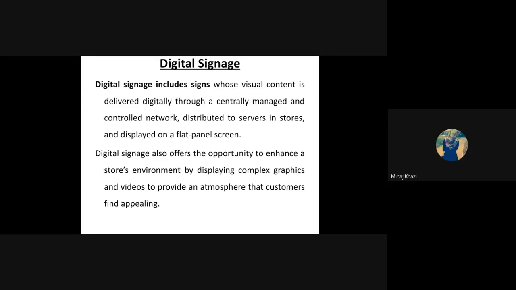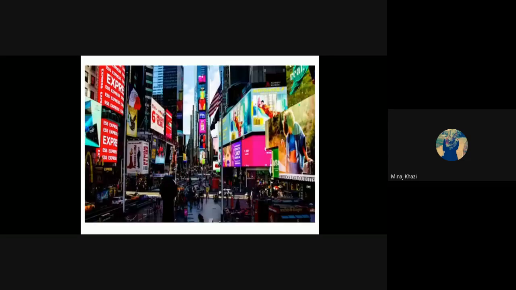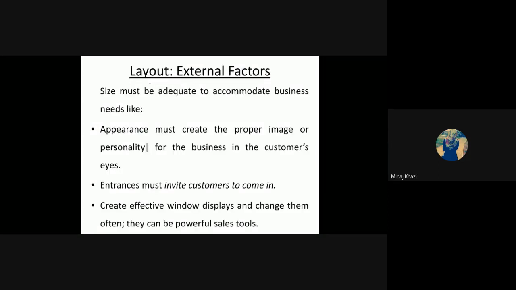That helps create an atmosphere which appeals more to customers, and customers will get a lot of interest in shopping at that store, and good purchases or sales will happen. So some profit can also be expected. These are the things which help us in attracting customers. Using these flat panels, people enter the store with certain information.